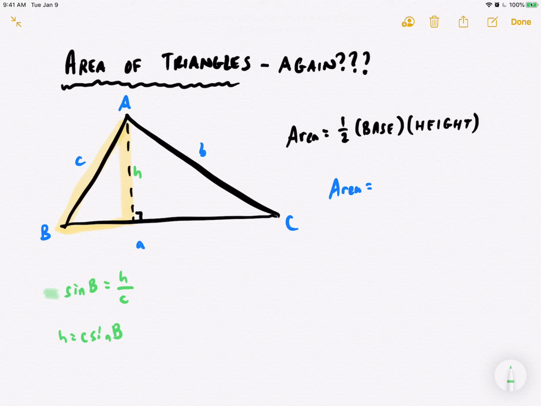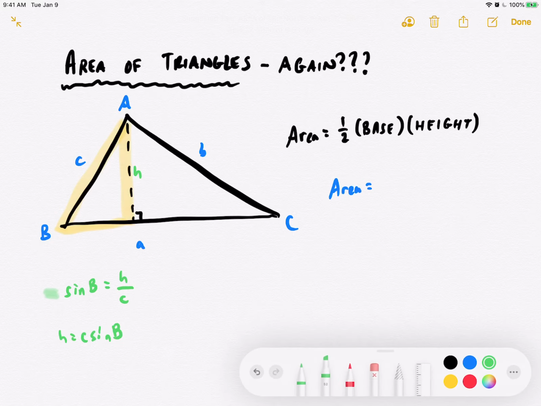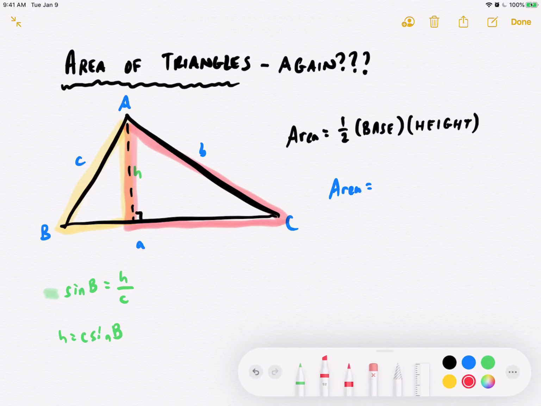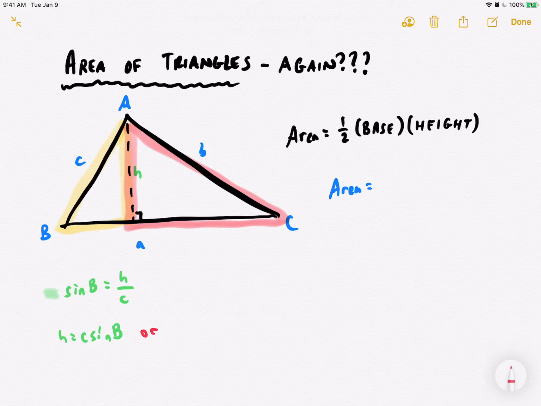Of course, I could have instead focused on this right triangle on the right over here. And in that case, I would have thought about h as another possibility for h being b sine C. So what that means is I have two different ways I can think about the area of this triangle just through this height that I found on the altitude.